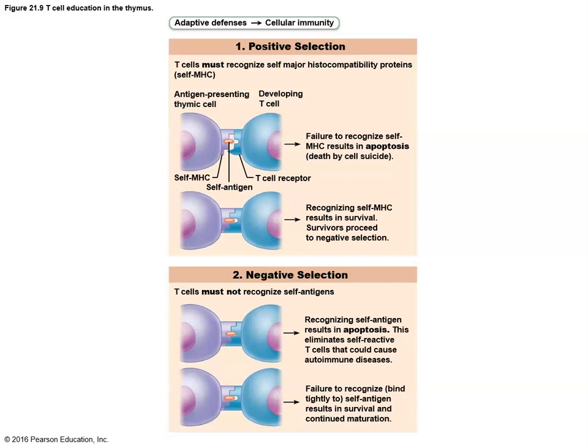The cells involved in the adaptive immune response include B lymphocytes, or B cells, T lymphocytes, or T cells, and antigen-presenting cells. Let's take those one at a time. Let's look at the B and T lymphocytes first. They must acquire two functionalities before they're effective.